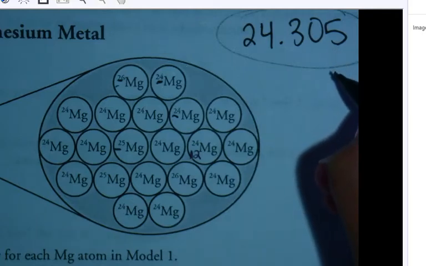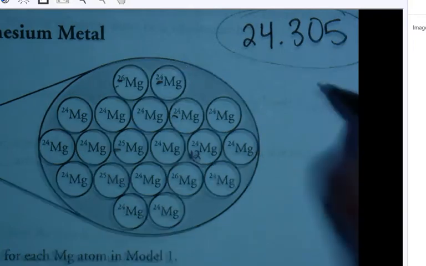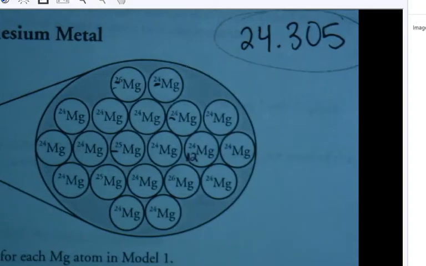Okay? But isotopes mean they're kind of different flavors, right? You just filled out that whole chart. You saw neutrons were coming from your mass number. Some of us had trouble with that. Your neutrons can change. They are not a guarantee. Electrons and protons are your guarantees, not your neutrons. So when you have a different number of neutrons, it's going to affect the weight.